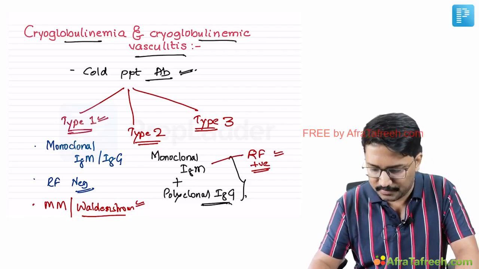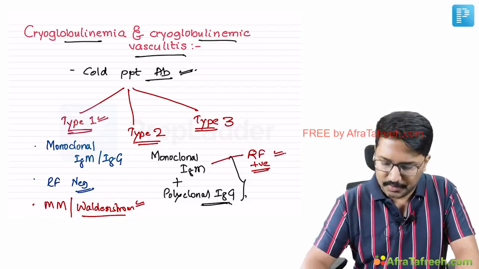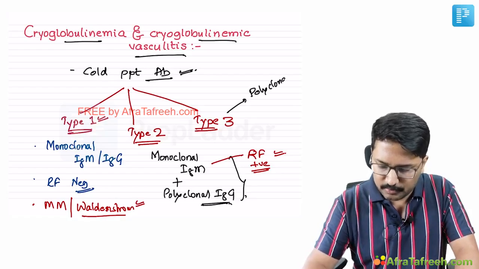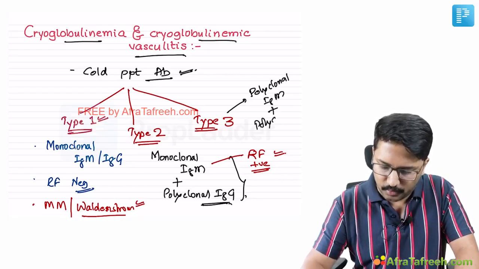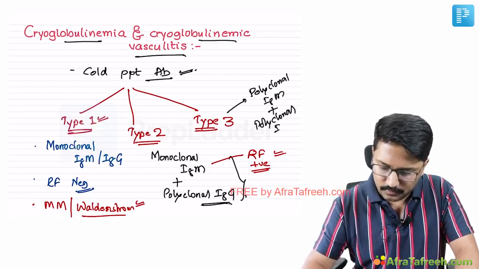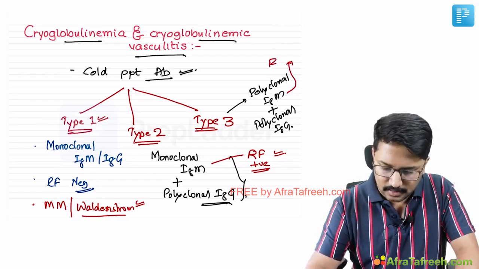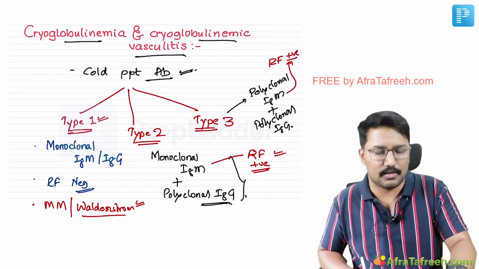In type 3, they have polyclonal IgM plus polyclonal IgG. Here also this IgM has RF positivity, right? So in type 2 and type 3 we have RF positivity, right?